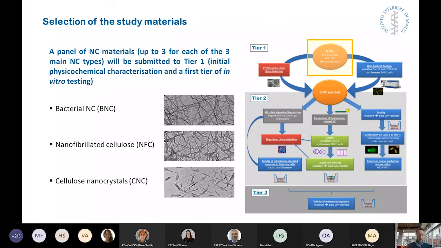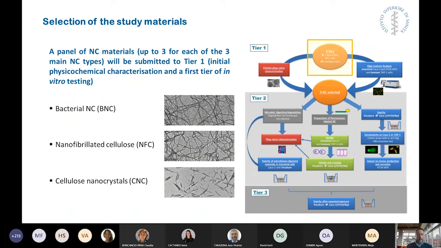We aim to select a panel of nanocellulose materials, up to 3 for each of the 3 main nanocellulose types, and all of them will be submitted to the initial physicochemical characterization and the first tier of in vitro testing.